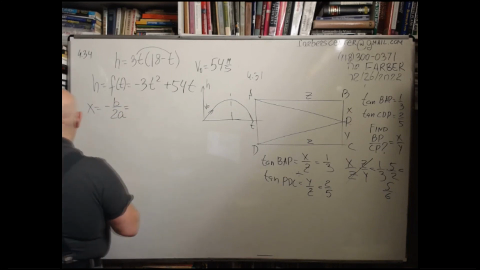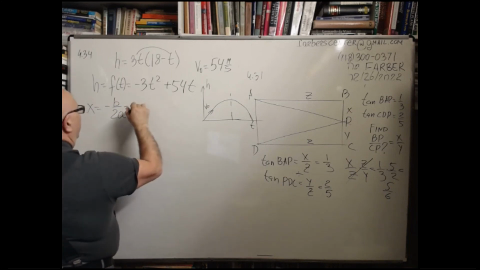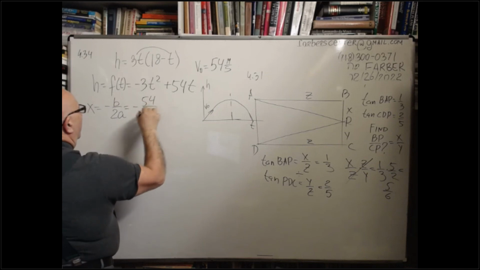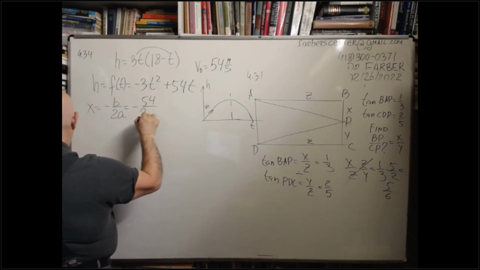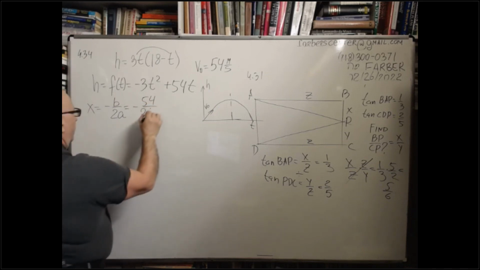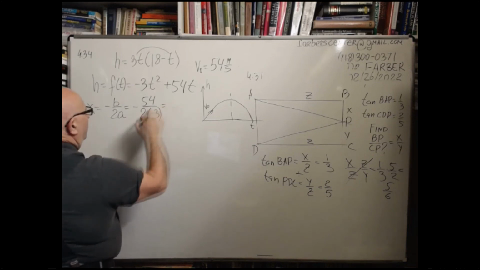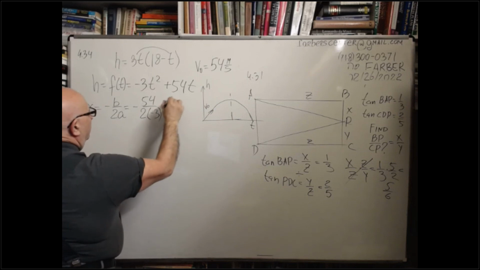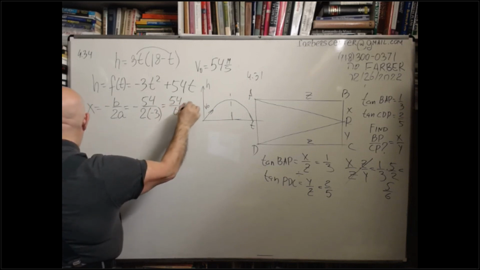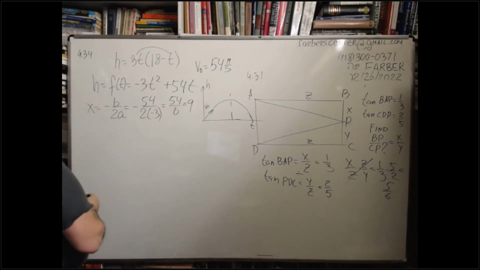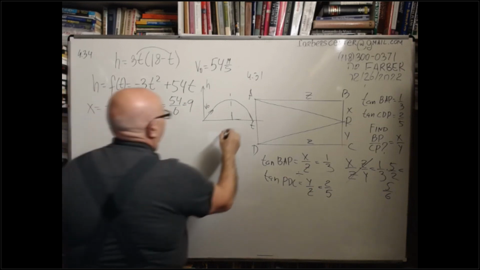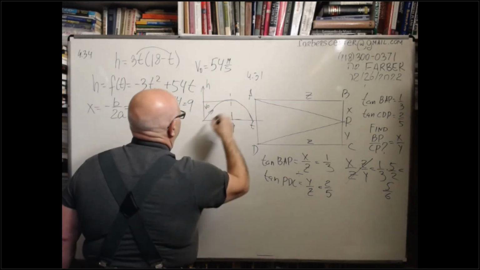Since b is 54, divide by 2 times negative 3. And it's minus 54 over negative 6, which is 9. So I found this in 9 seconds. I get the maximum. But what is the maximum?